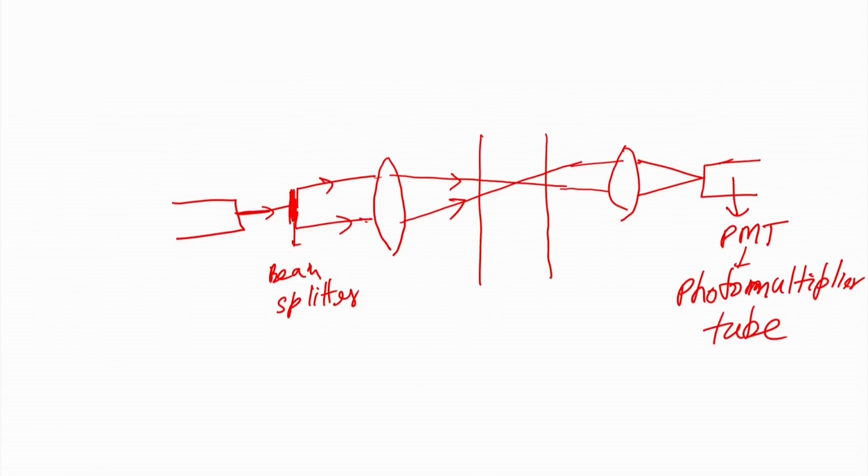So, you receive that signal. Now, if you seed it with the particle, as I said, this particle will be moving, and once they come here, they will shift the frequency of this incident light. And that shift in the frequency, you can measure as the Doppler effect and you can calculate the velocity.